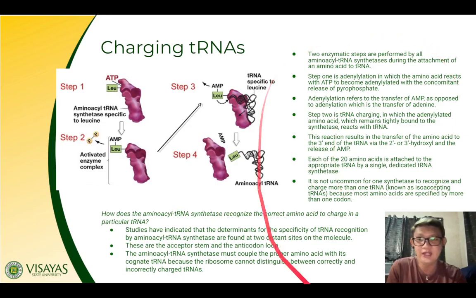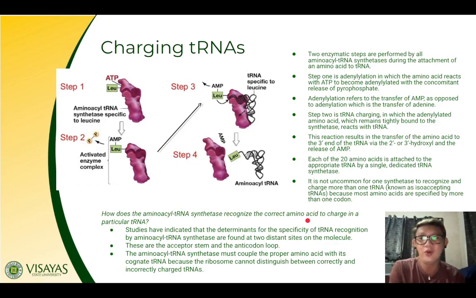Now the question is, how does the aminoacyl-tRNA synthetase recognize the correct amino acid to charge onto a particular tRNA? How do they know that this is the right amino acid? We know that specific amino acids carry a specific anticodon that will recognize a specific codon.